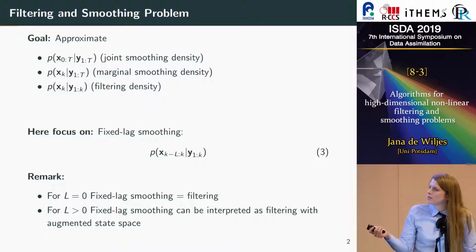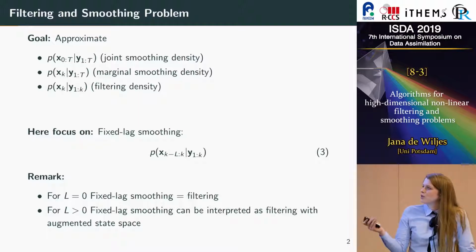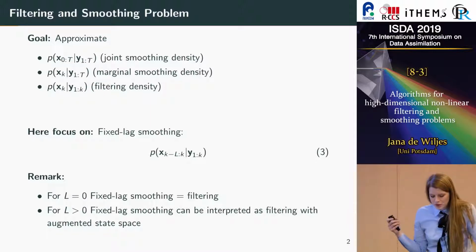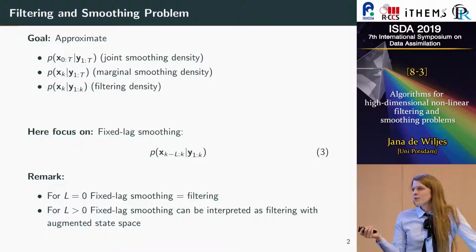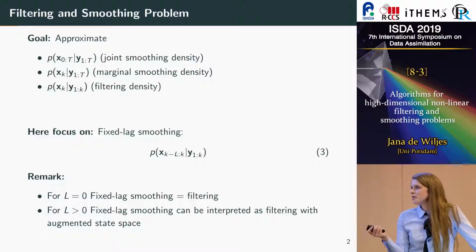So I'm restricting myself to a time window with a certain lag L, and I'm trying to approximate this fixed lag smoothing density. Because the way I'm proposing the algorithms will be in a sequential filtering way, if you think of approximating this for L equals 0, it is just the filtering density.